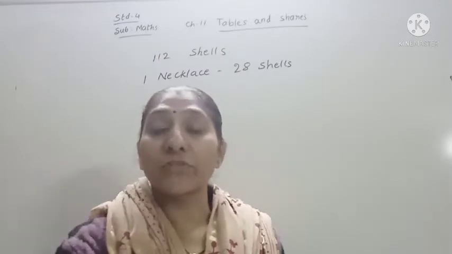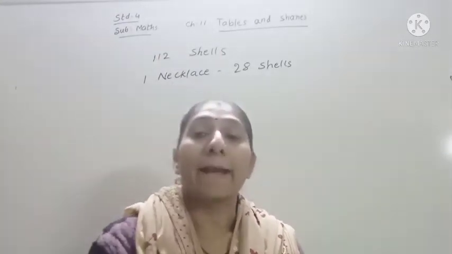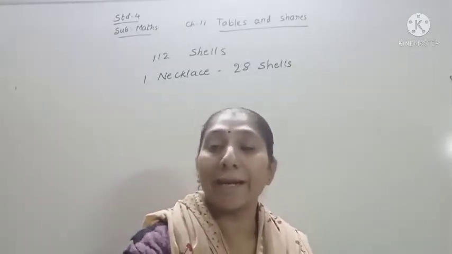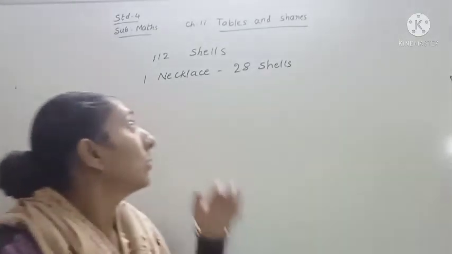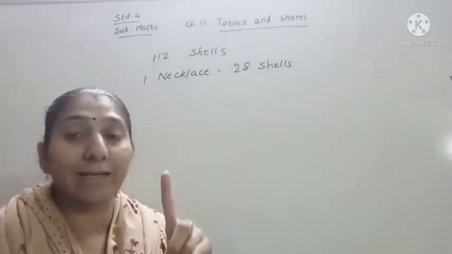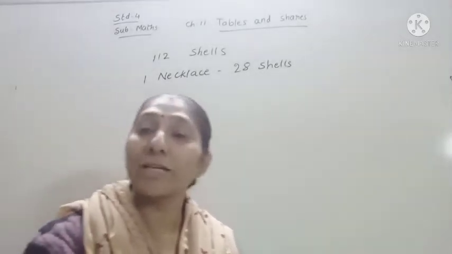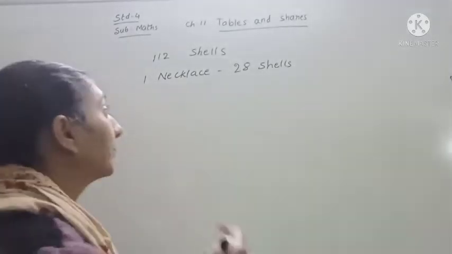Now the total number of shells with him is equal to 112 shells. He wants to put 28 shells in one necklace. One necklace is equal to 28 shells. Now he has made one necklace with 28 shells. Now let us see how many shells are left with him.